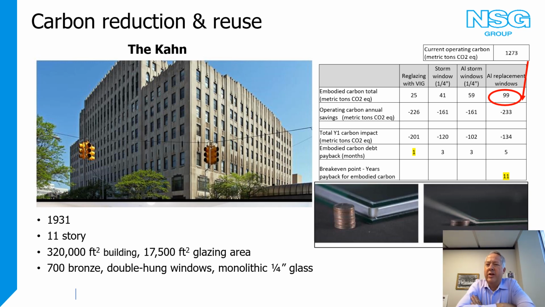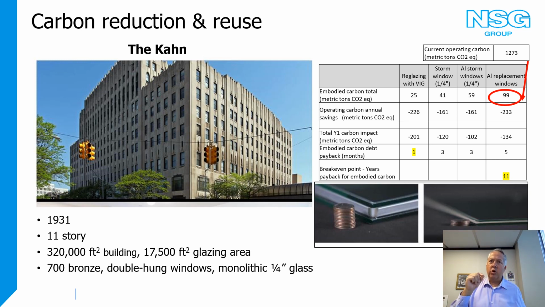Operationally, this building consumes about the equivalent of 1,200 metric tons of CO2 per year, and even the highest embodied carbon material, an aluminum window replacement, would have only been about 100 tons. And with any of these alternatives, we're able to save from 160 to about 230 tons of operational carbon per year with energy efficiency improvements.